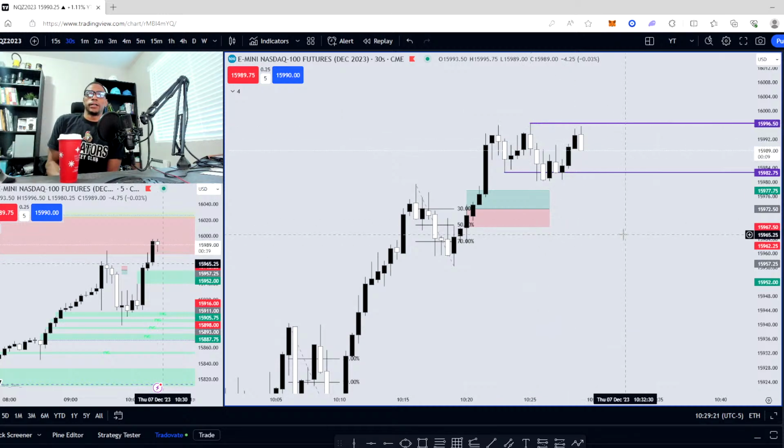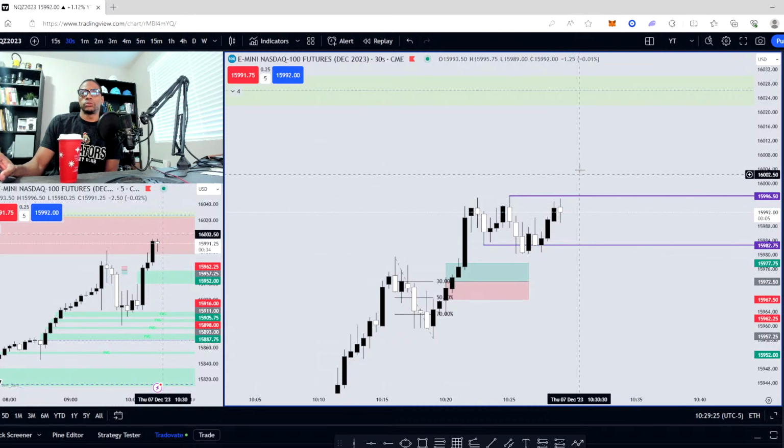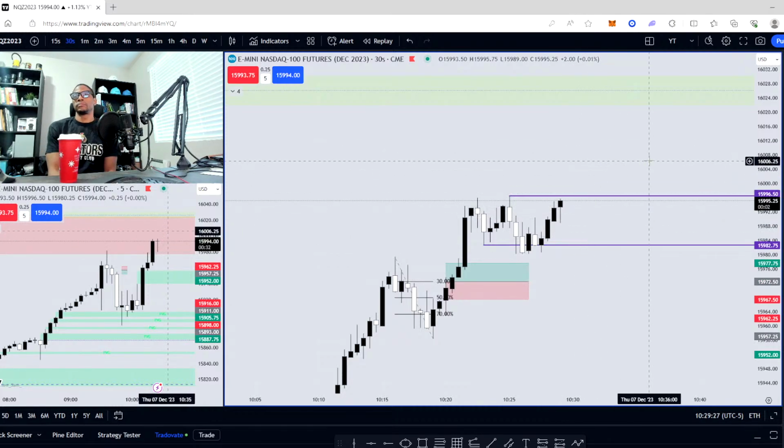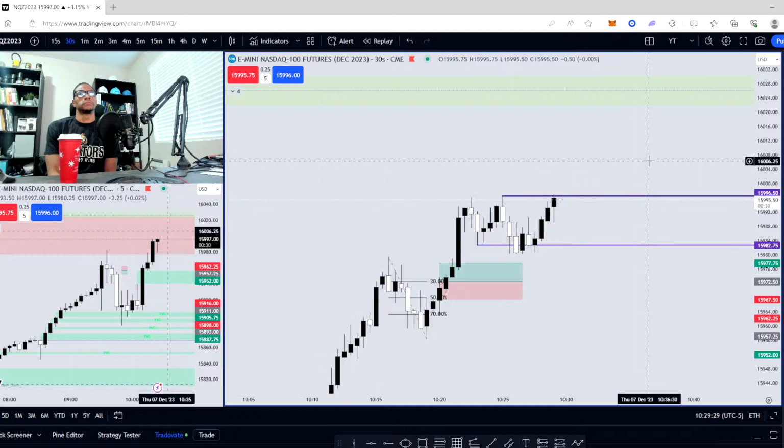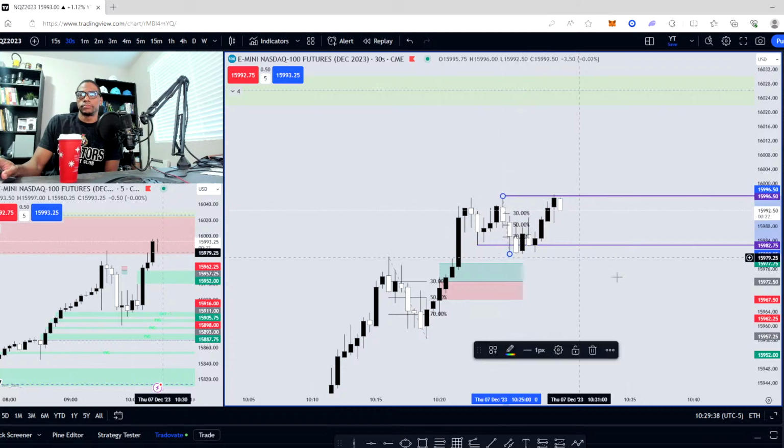We make a new high, and we'll look for this to be our next setup or move upwards. Okay, we did get that new high. Let's now mark up our range.